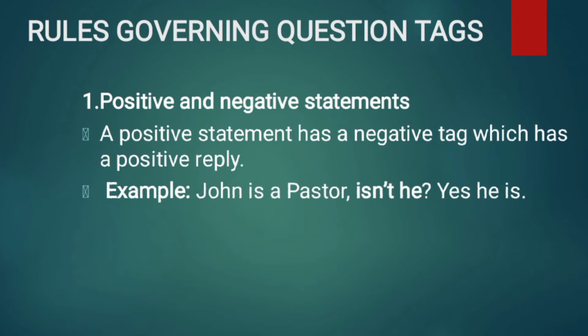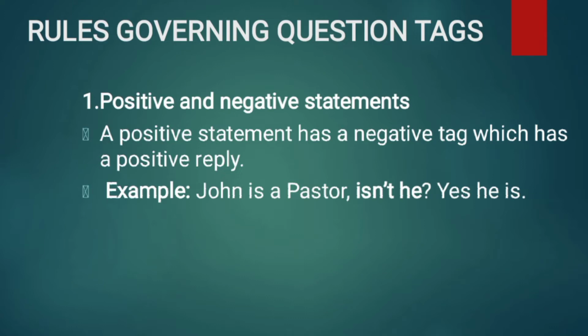If there is no word not, then that sentence is positive. But there are some exceptions to this, as some words like hardly, scarcely, and seldom are negative on their own. But for statements like this, you need to see the word not that shows negativity. In this case, John is a pastor. We do not have the word not, meaning this statement is positive.